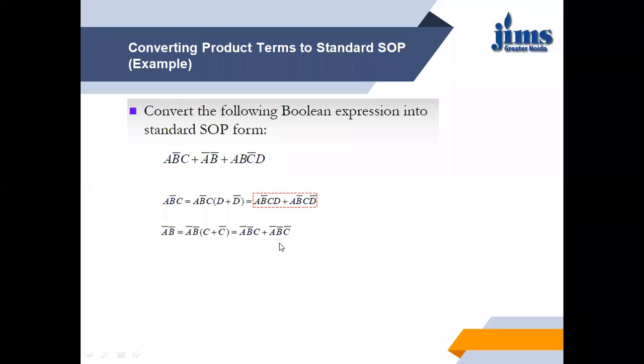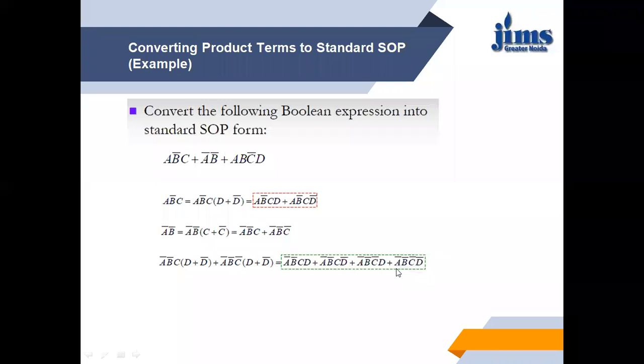Then both these terms have the D variable missing. So we again multiply by D and D bar. So I get A bar B bar C D or A bar B bar C D bar or A bar B bar C bar D or A bar B bar C bar D bar.